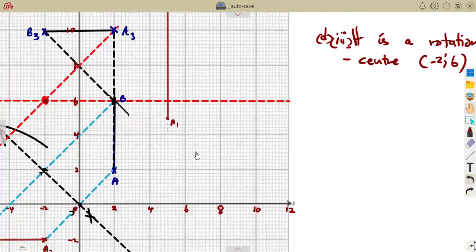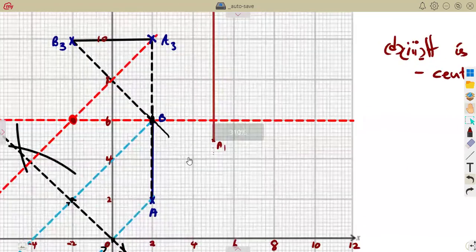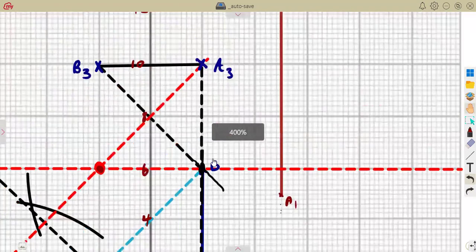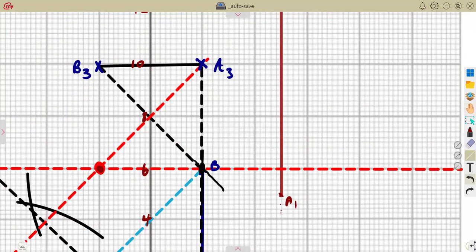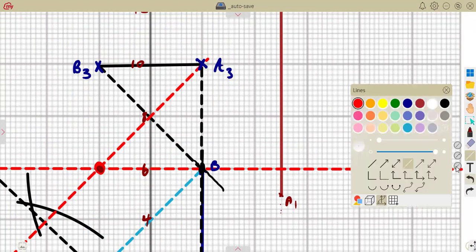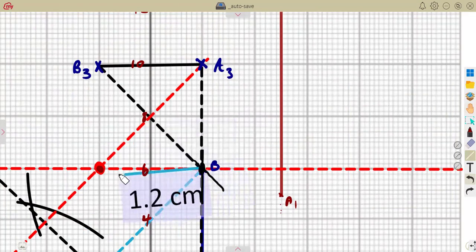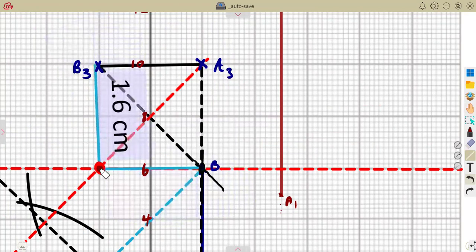Then you need the angle of rotation. By joining B to the center, and A to the center, we can have our equation. Remember, I talked about this. So you join B to the center, B3 to the center like this.